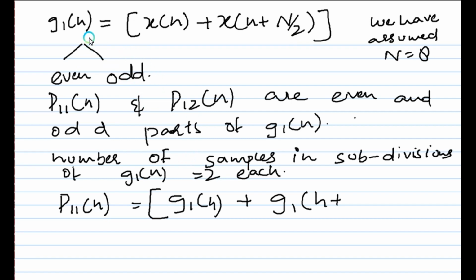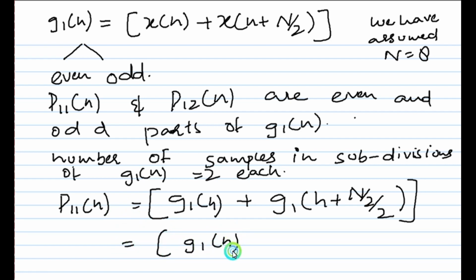The number of samples in g1 of n is N by 2, so I write N by 2 divided by 2. So this is equivalent to g1 of n plus g1 of n plus N by 4.